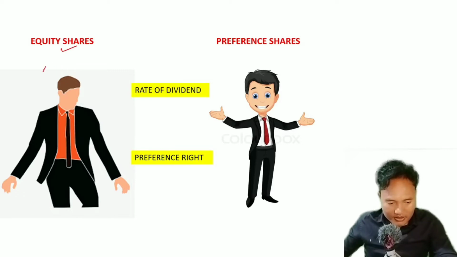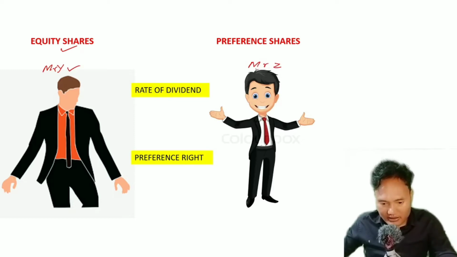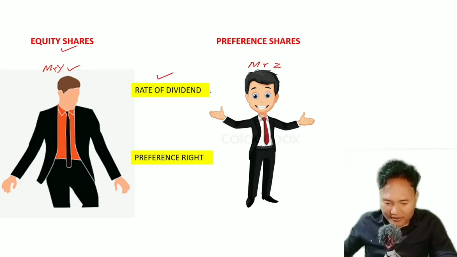Suppose Mr. Y is an equity shareholder, whereas Mr. Z is a holder of preference shares. Now the rate of dividend is fixed in the case of preference shareholders, but in the case of equity shareholders the rate of dividend is not fixed.